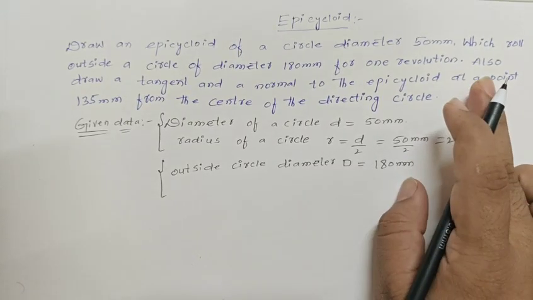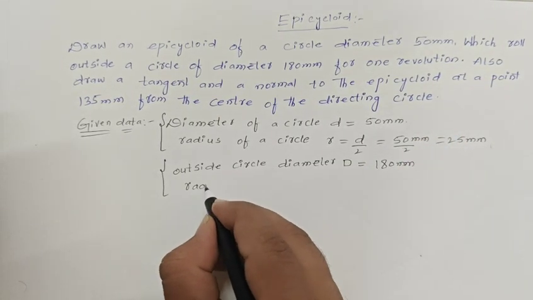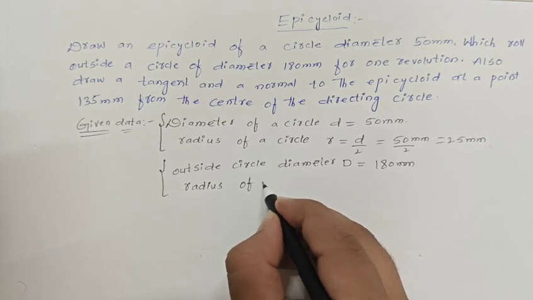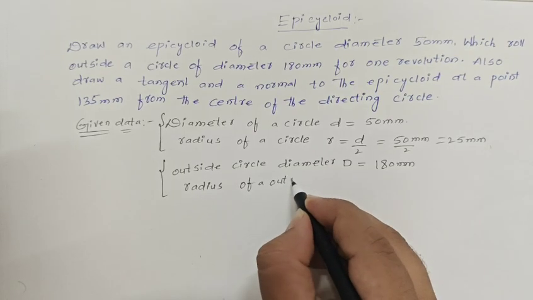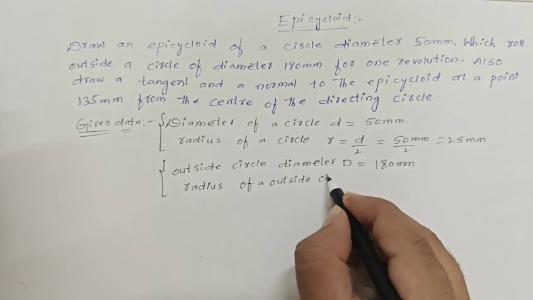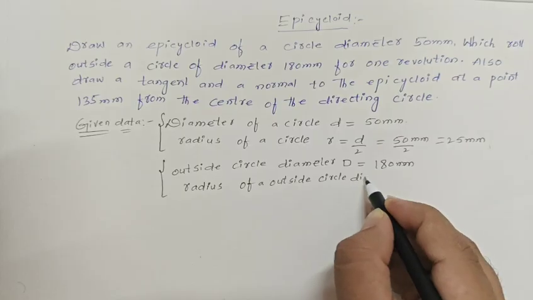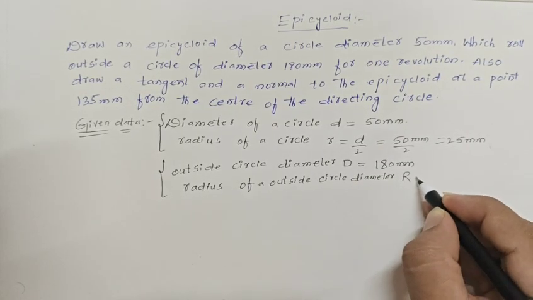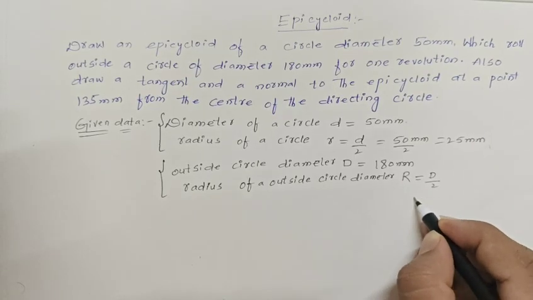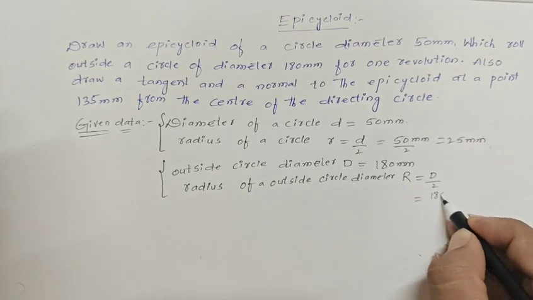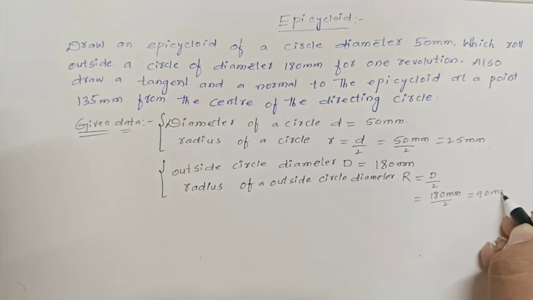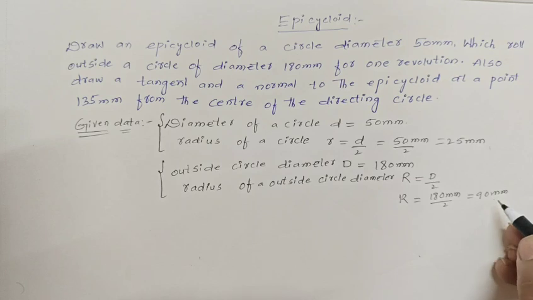So we need to find the radius of the outside circle, represented as capital R, equal to diameter by 2. Capital D is 180 millimeter by 2, nothing but 90 millimeter, which is 9 centimeter.